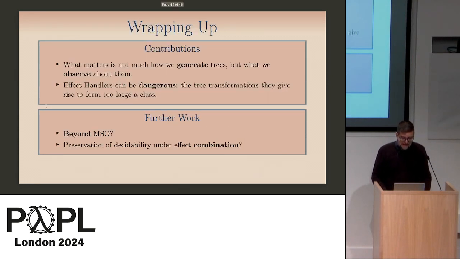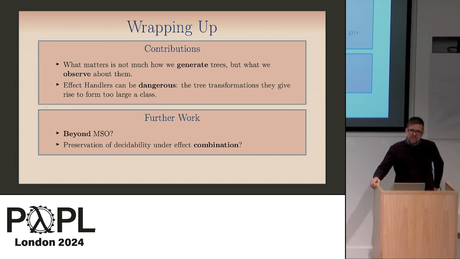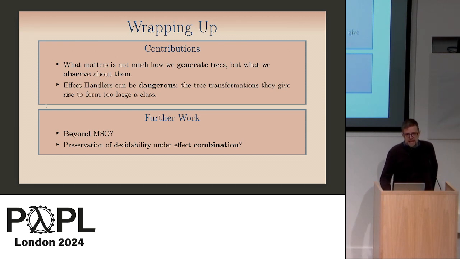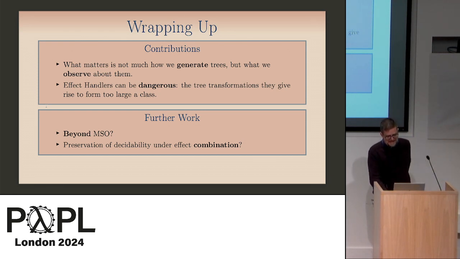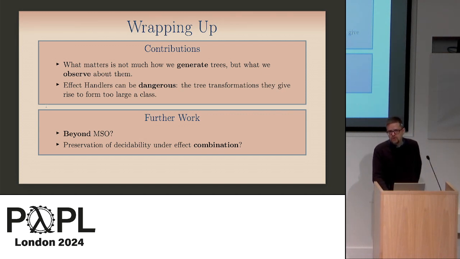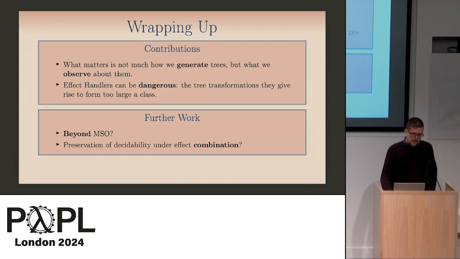So, summing up, the contribution of this work is, we hope, to give a fresh look at the problem of model checking higher order programs with effects, and the take-home messages are, on the one hand, that what matters is not so much how you generate trees, but rather how you observe them, how you specify properties of those trees.